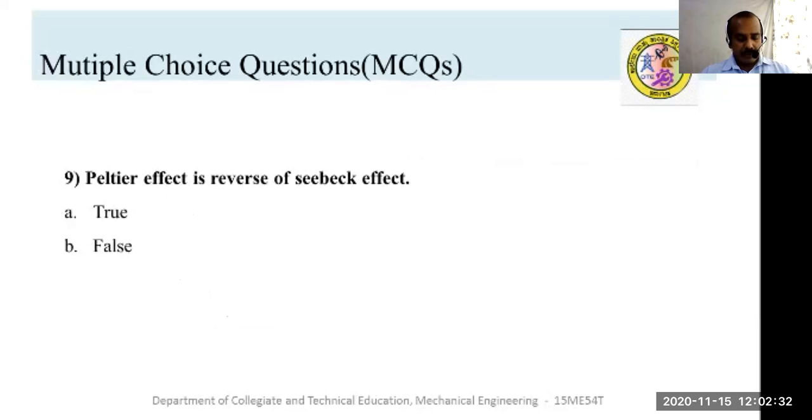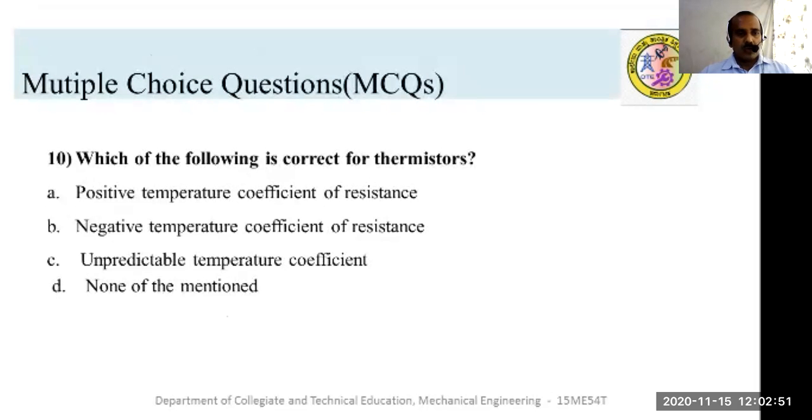Question number 9. Peltier effect is a reverse of Seebeck effect. True or false? The answer is A. Peltier effect and Seebeck effect operations are reverse to each other. Question number 10. Which of the following is correct for thermistors?